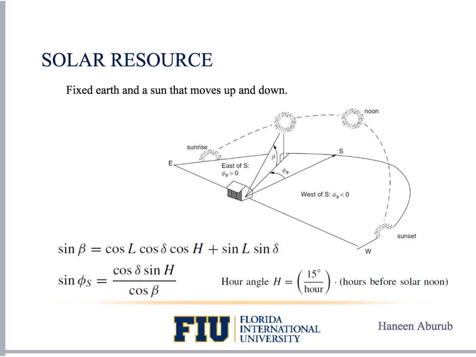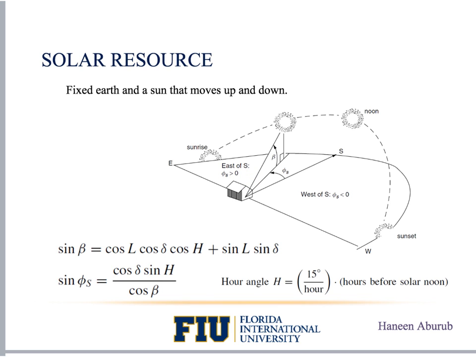For now we will express the time as the number of hours before or after the solar noon. Just before we continue on this topic, I will show you that here is the azimuth angle that I mentioned. Okay, and we will see later how we will calculate it.